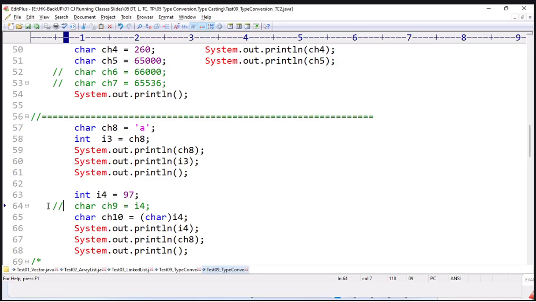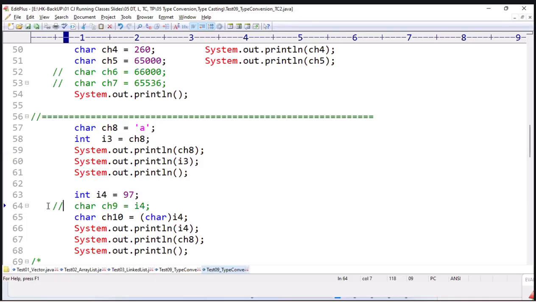Got clarity? Shall I ask the opposite question? I'm expecting an answer from you, okay? Can I assign a byte literal to the char variable? Come on, come on.